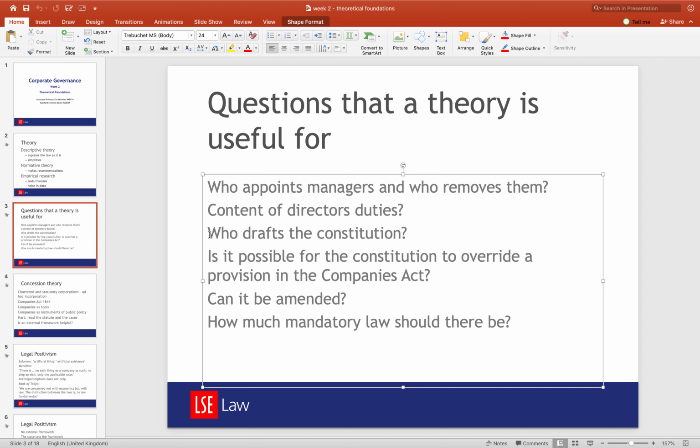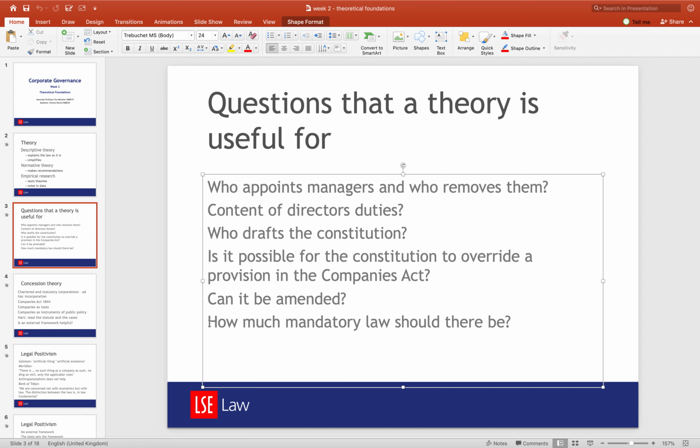Another question is who drafts the Constitution? Can or should the Constitution override the Companies Act? Can it be amended? And how much mandatory law should there be? And your perception of what the role of company law is would affect your answers to all of those questions.